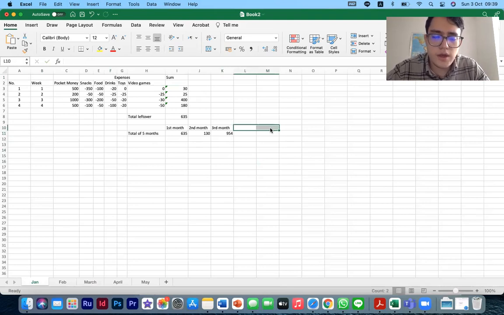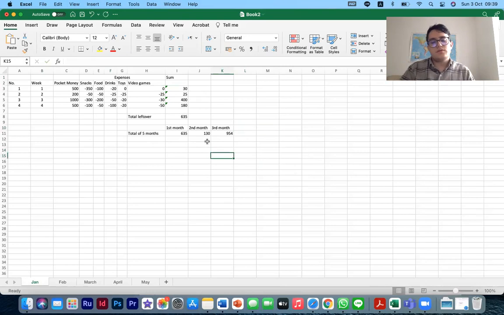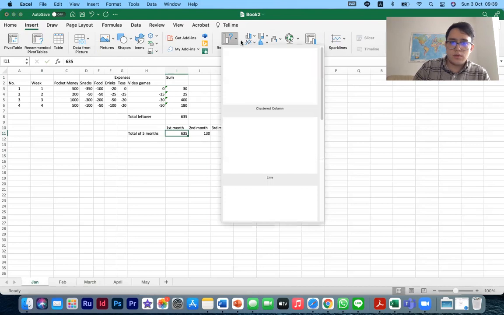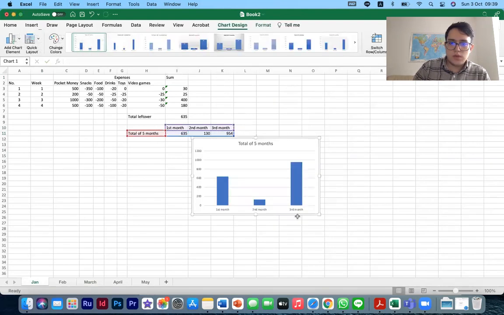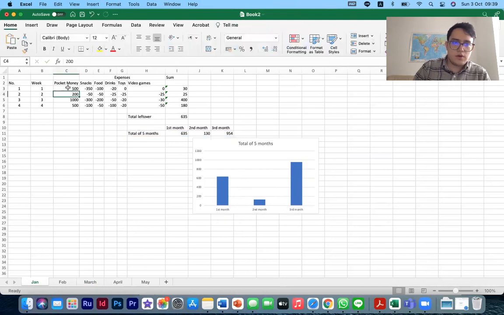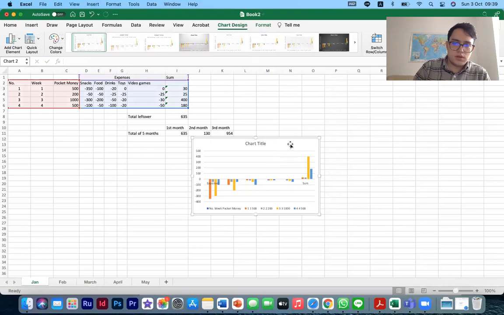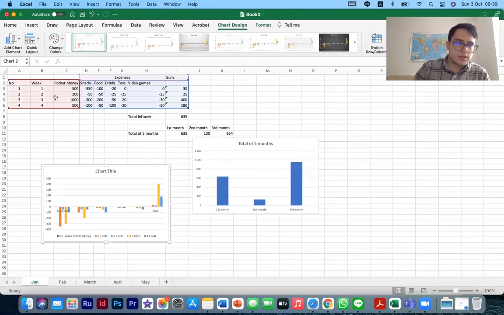And don't forget, you can create your own graphs. So for example, you can show how much you have left in each month. For example, we go here to insert, as you remember, click recommended chart, and we get the chart for each month, how much money we had left. Or we can go to insert and create a table.